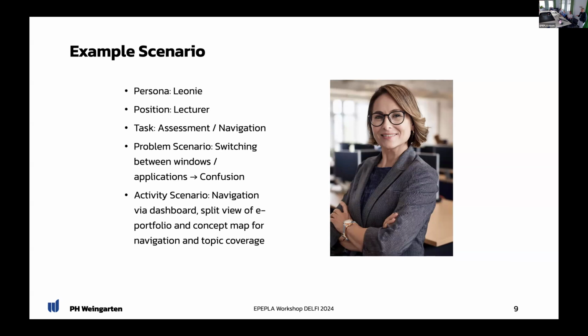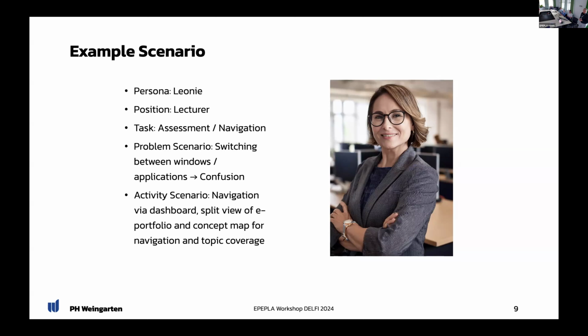So the problem scenario would be her switching between windows because she has her Excel sheet with the rubric. She has the portfolio where she has to scroll through. She has maybe other students that she wants to compare with the one she's assessing right now, and different applications to fill out and to read stuff. So there's a lot of confusion maybe.